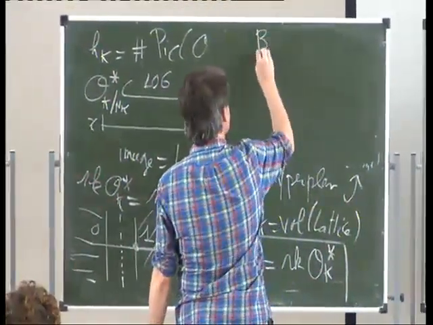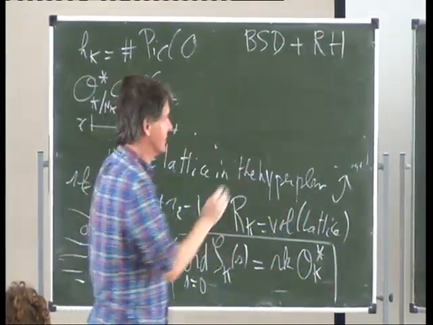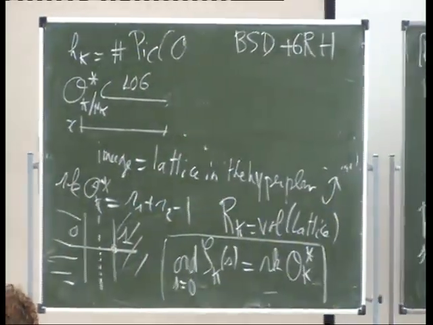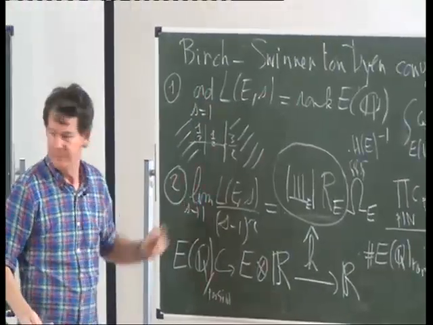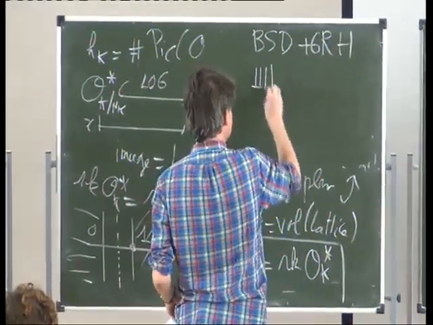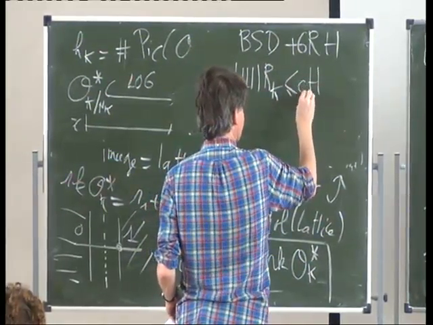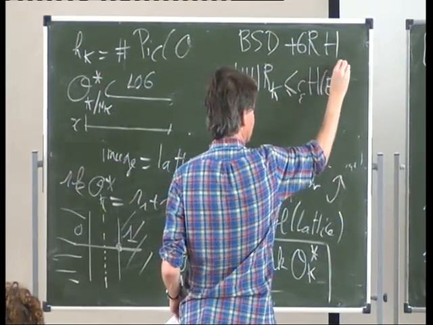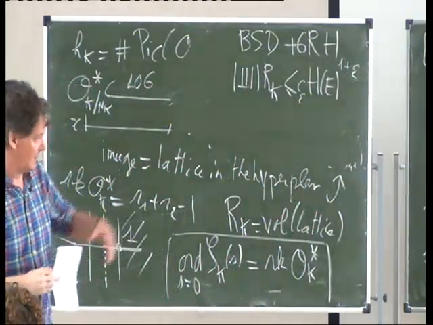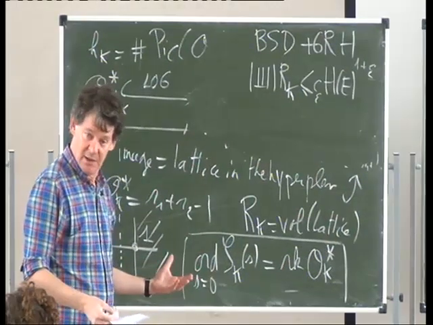If you accept those two, the generalized Riemann hypothesis, of course, being the fact that the zeros of the L function should be on this line, then you can show that the cardinality of Sha times the regulator is smaller than some constant depending on epsilon times the height of E to the 1 plus epsilon, essentially by combining this special value with analytic bounds for the L function.